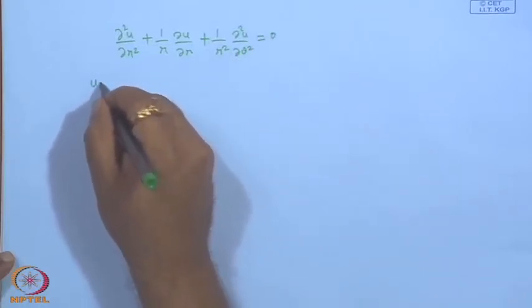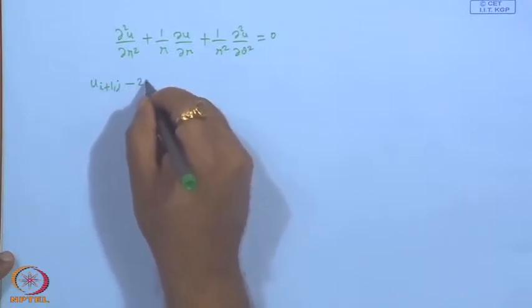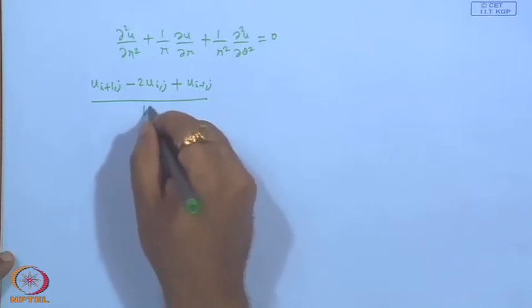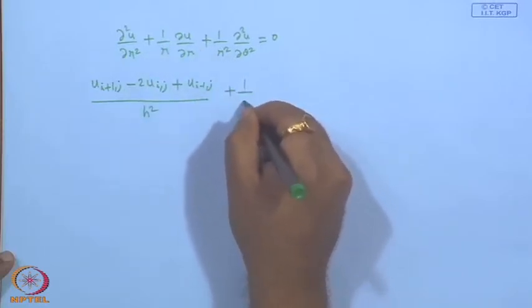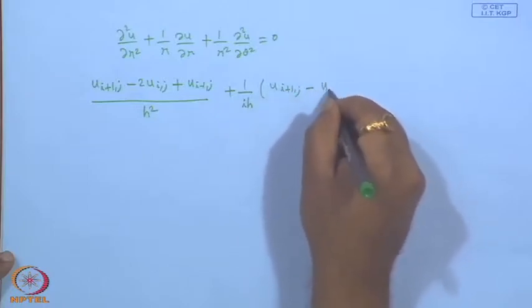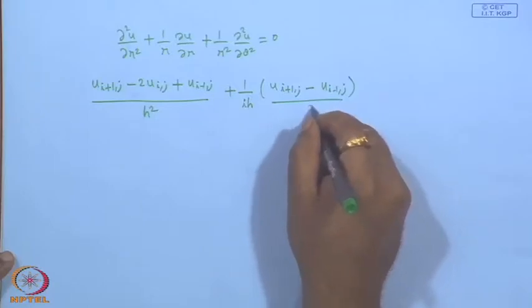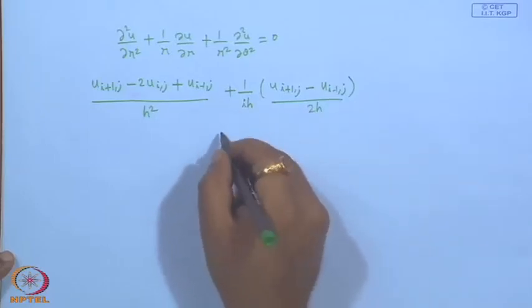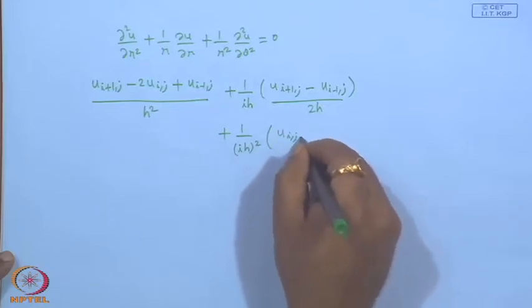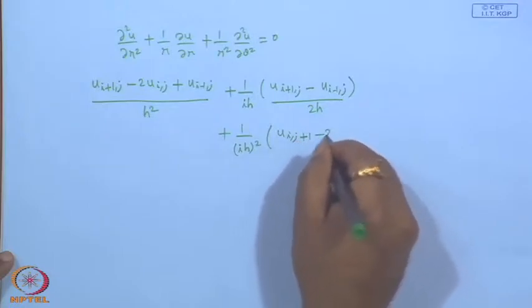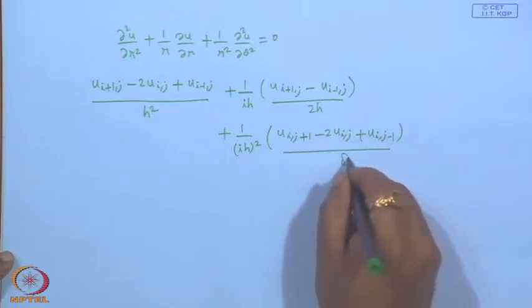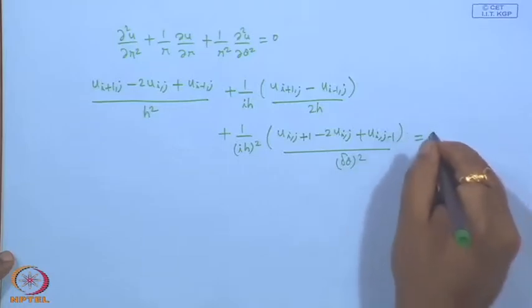So, now if we discretize, plus 1 over I h, because R, then whenever we have first derivative, we go for central, then, okay.